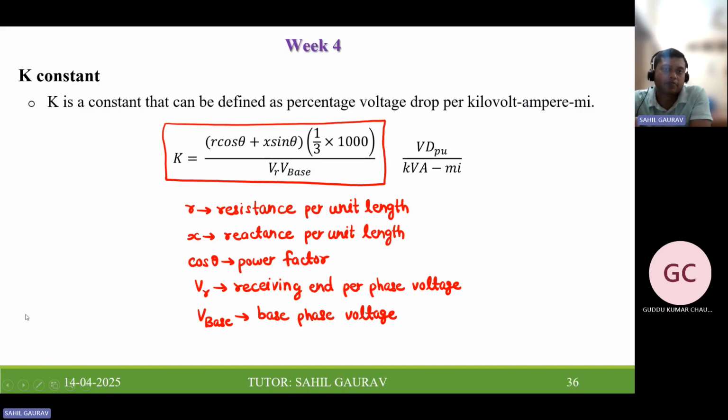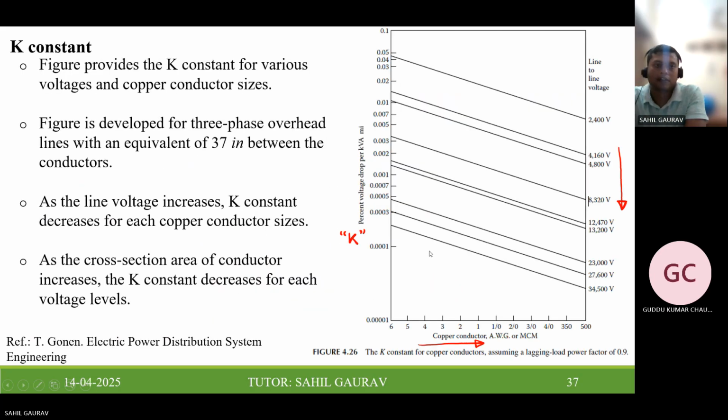The K constant is defined as the percentage voltage drop per kilovolt-ampere mile, and its expression is (R cos theta plus X sin theta) times 1/3 of 1000 upon VR VS. Its unit is percentage voltage drop per kVA mile. Now this is the plot of K constant versus copper conductor size.